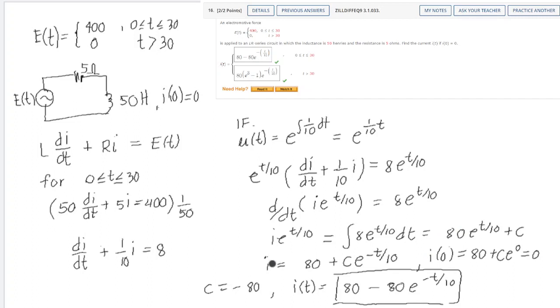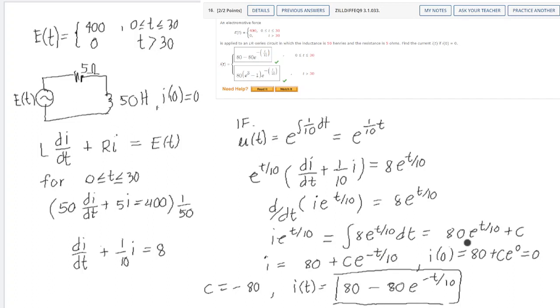Here, we can divide both sides of the equation by e to the t over 10. That's why we have I equal to 80 plus c e to the negative t over 10.